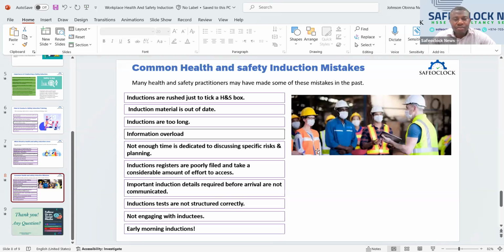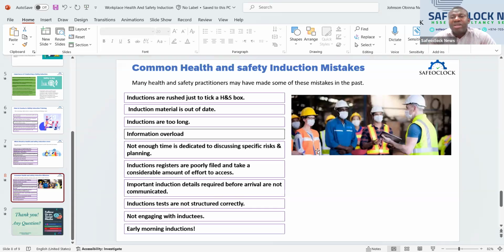Now, another mistake is not enough time dedicated to discussing specific risks. What happens is that when we conduct safety induction, we mix up people from different departments. Maybe people from the electrical department, people from the mechanical department, maybe even office staff.